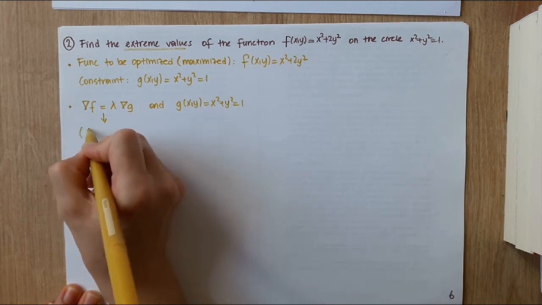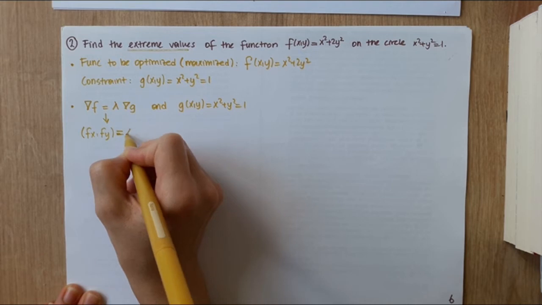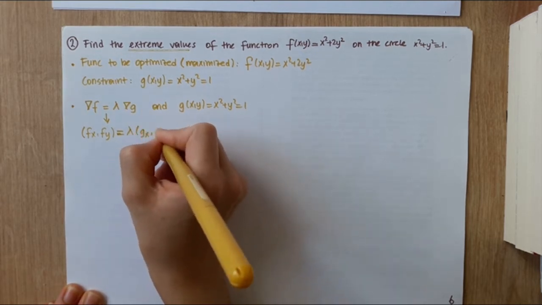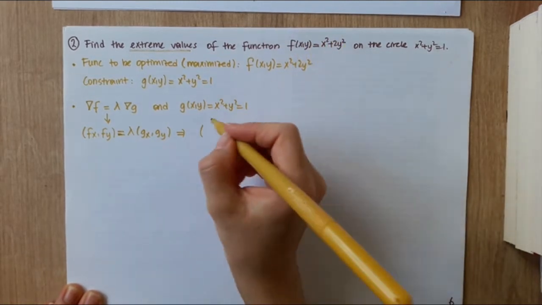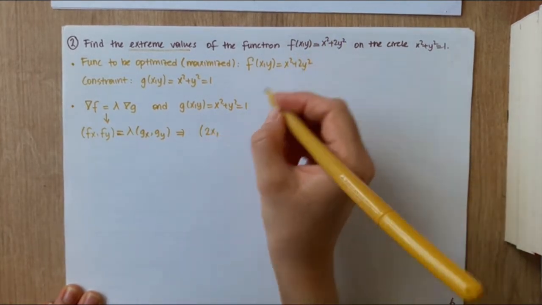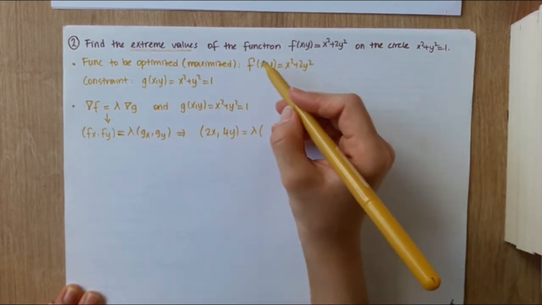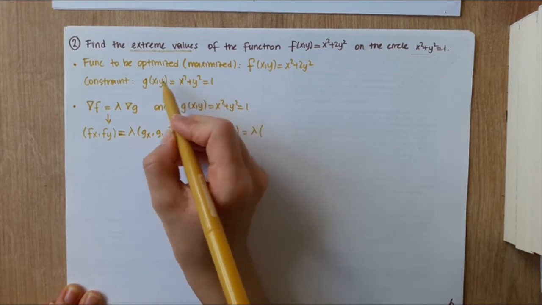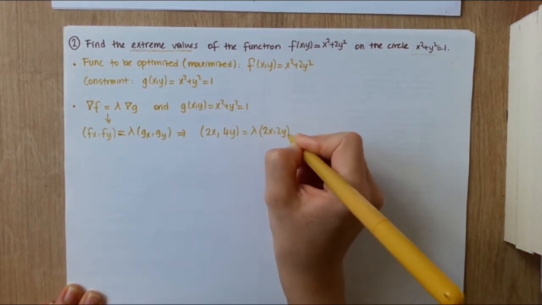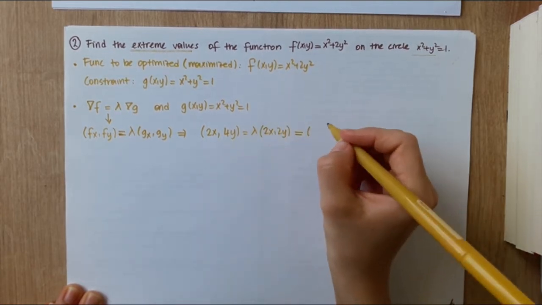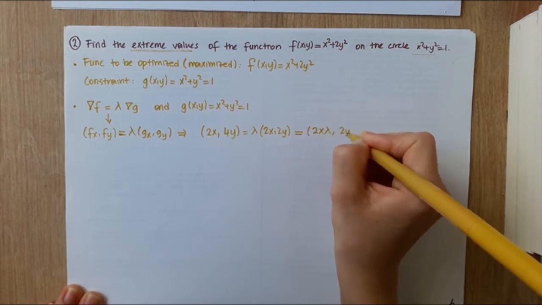Gradient f is f sub x, f sub y, equals lambda times g sub x, g sub y. It means the derivative of this function with respect to x is 2x, and with respect to y is 4y, equals lambda times the derivative of g of xy, with respect to x is 2x and with respect to y is 2y. So if you distribute lambda here, you will have 2x lambda and 2y lambda.